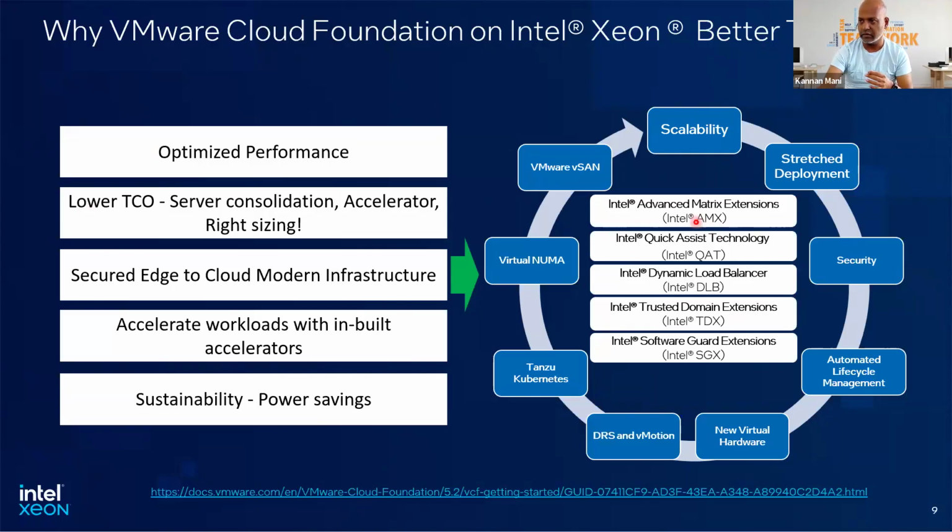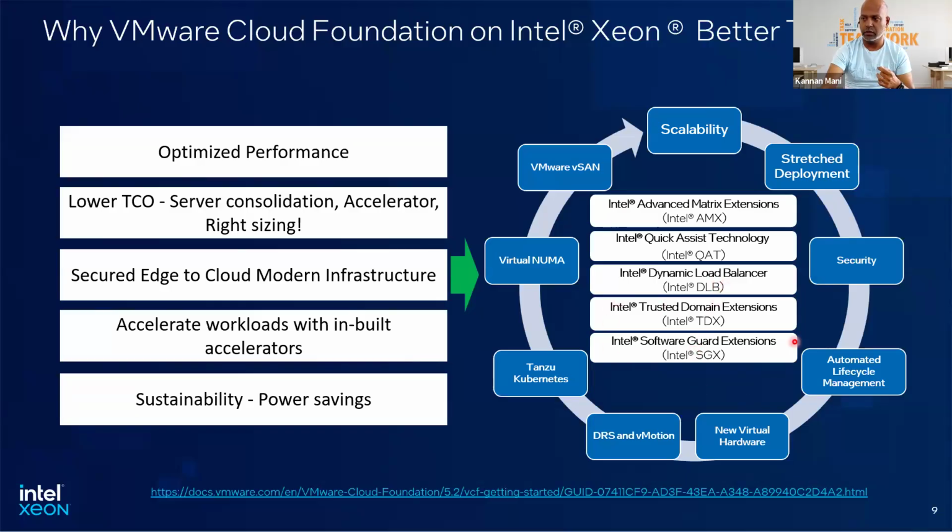accelerator, like I was talking about earlier. Intel has AMX and Quick Assist Technology. Quick Assist Technology comes with three things: crypto, compression and decompression, and also encryption. The compression and decompression is where I told you about the sequence example. There's also a dynamic load balancer, which is load balancing at the silicon level, similar to your application load balancer.